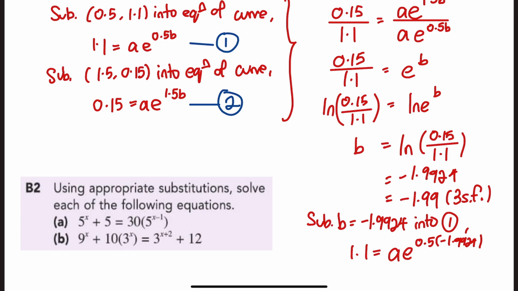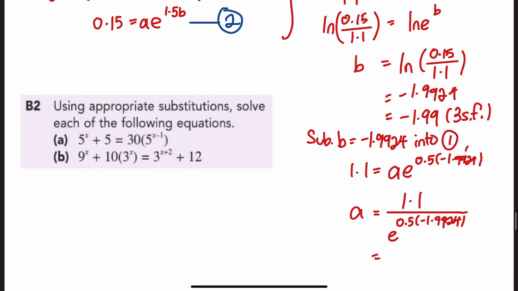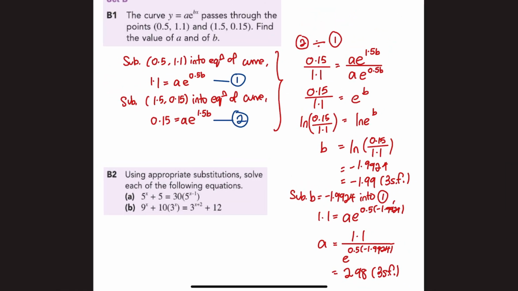Therefore, a is simply equal to 1.1 divided by e power 0.5 times negative 1.9924. Press this in your calculator correctly, and your final answer for a should be simply 2.98, rounded off to 3SF. And this is your solution to question 1 of set B.